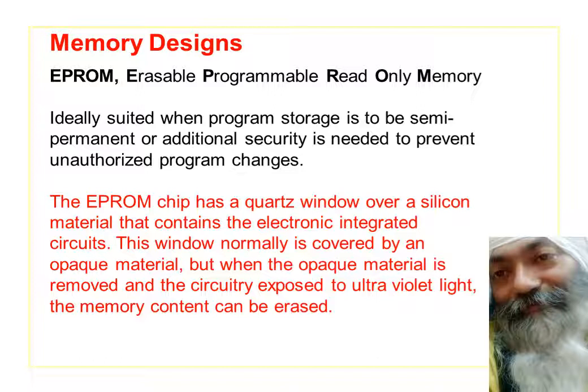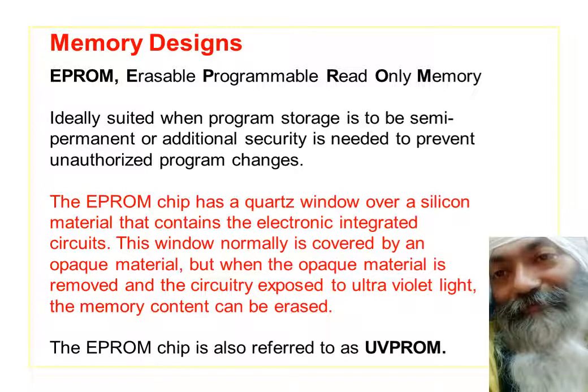The window is normally covered by opaque material, but when this opaque material is removed and the circuit is exposed to UV light, that is ultraviolet light, the memory content can be erased, if and when required. So EPROM chip is also called UV PROM sometimes, because you have ultraviolet PROMs. We have electrically erasable PROMs which are called E-square PROMs. That is what we are going to discuss.